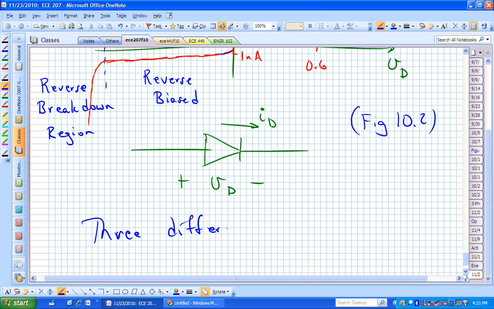Is the forward bias region, is that past 0.6 in this diagram, or the whole right side? It's the whole right side. The question was, is the forward bias to the right of 0.6? Forward biased is right of 0, but it may not really start conducting very much until you reach 0.6 volts.